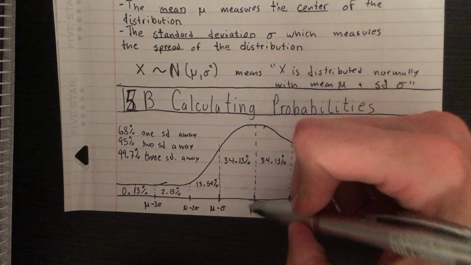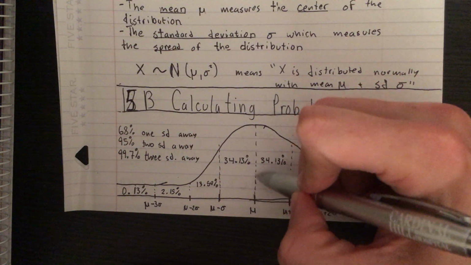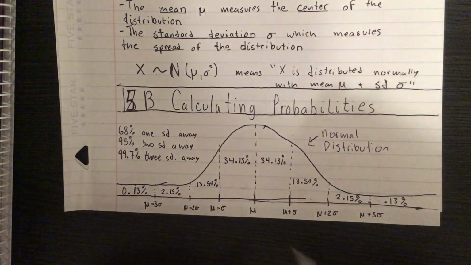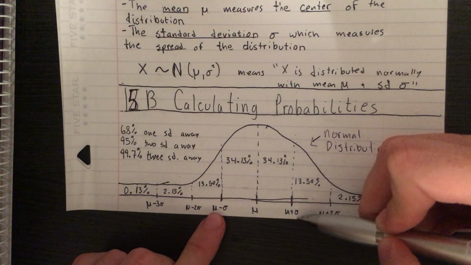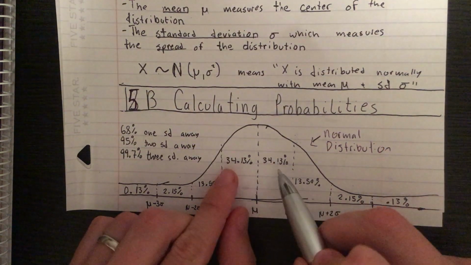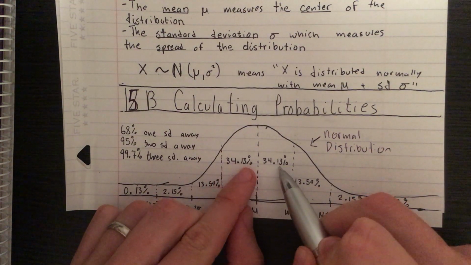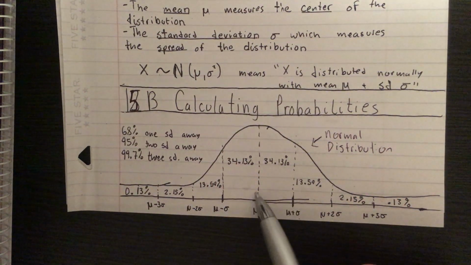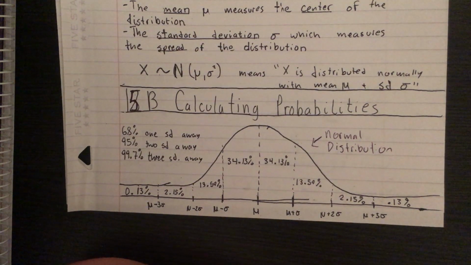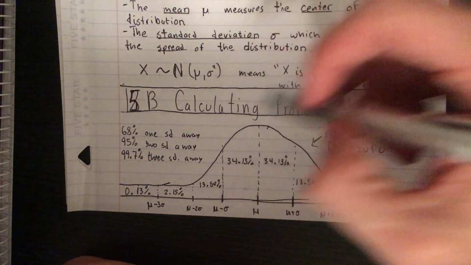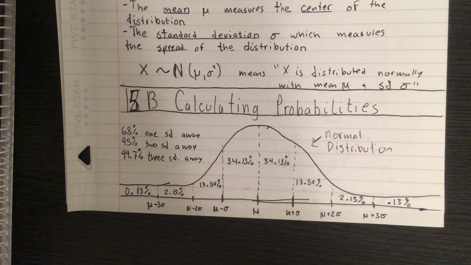So you have the mean right here, and from the mean to the first standard deviation to the right or the first standard deviation to the left, those are both 34.13%. So this is a picture that we need to draw. We need to have somewhere in our notes to reference, because we can get a couple of rules from this.